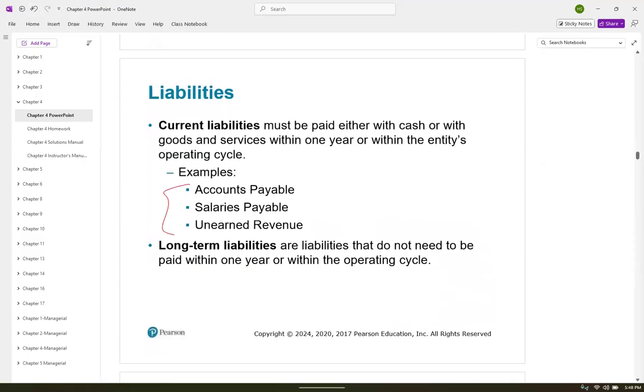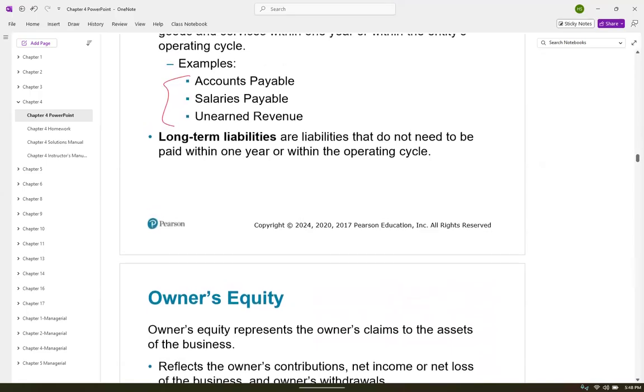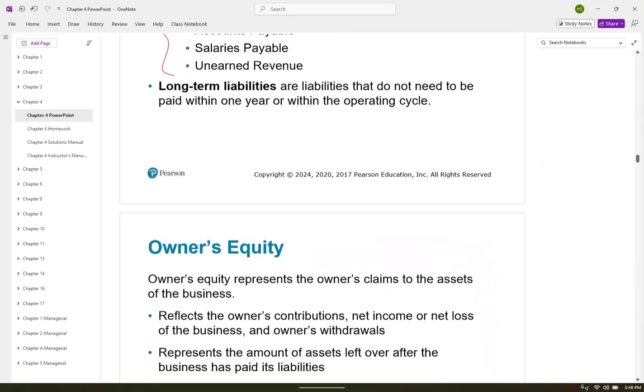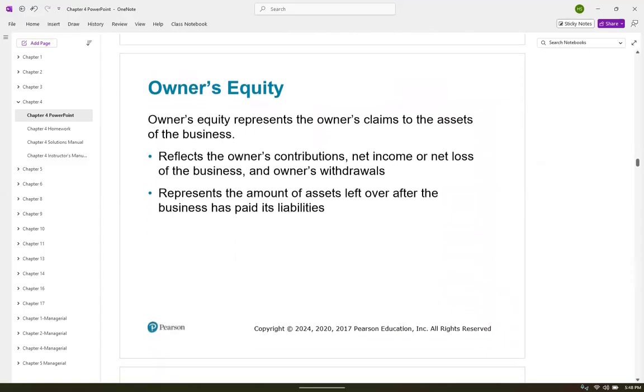Those are the things that are coming due within the current year. And long-term liabilities, those are things we're not going to pay until later than 1 year. Owner's equity doesn't change. It looks exactly the same. It does not change when it comes to a classified balance sheet.